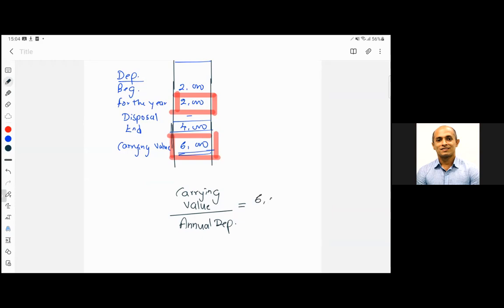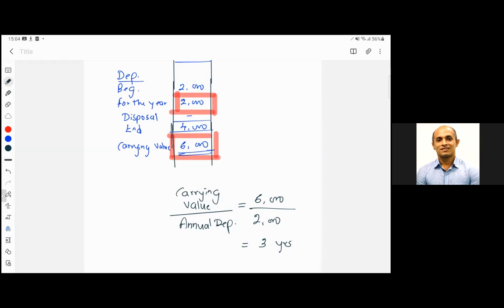Carrying value 6000 divided by annual depreciation 2000. You see, 3 years. So this asset will be depreciated over the next 3 years.